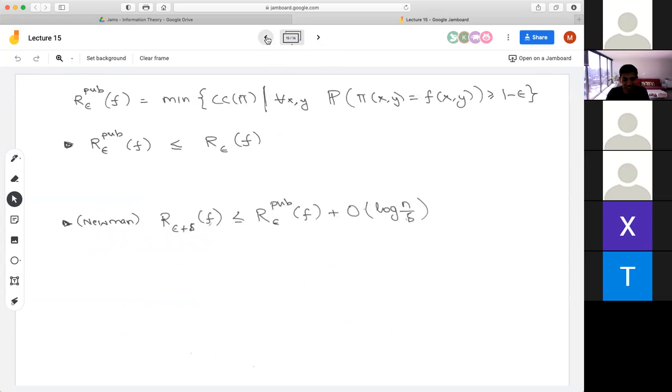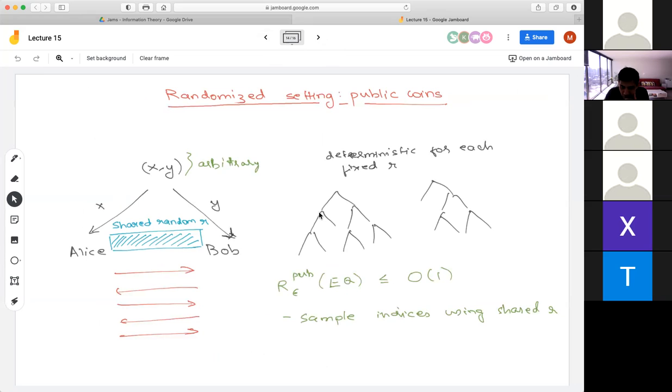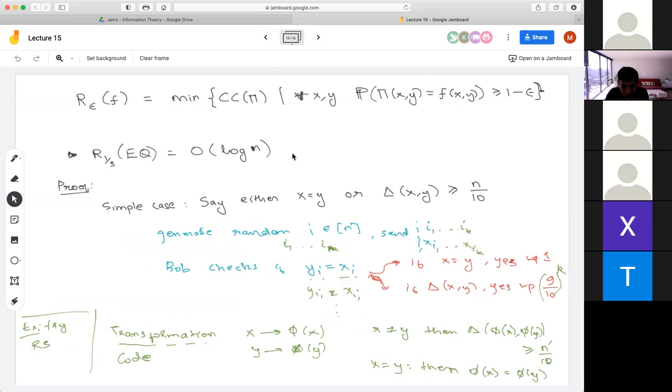Sorry, go on. Just a question. So for the previous algorithm, let's say I didn't want to use this code to amplify this. Can I do something like a binary search where I search for the first index at which they differ? Or I just want to search for the first index where x_i has a 1 and y_i is 0.